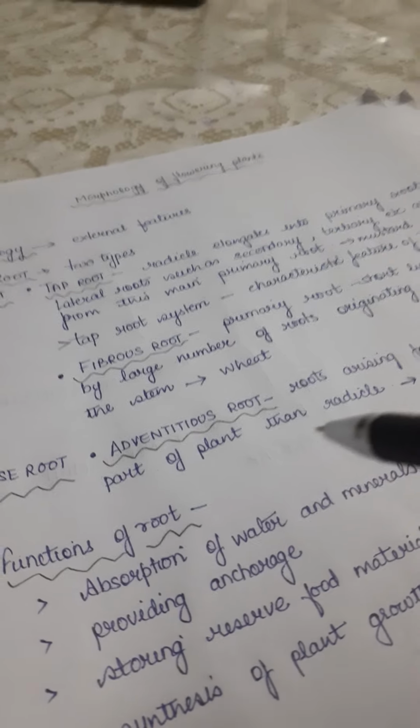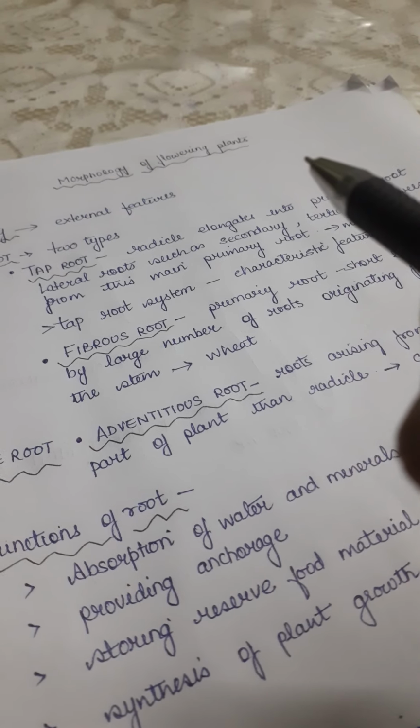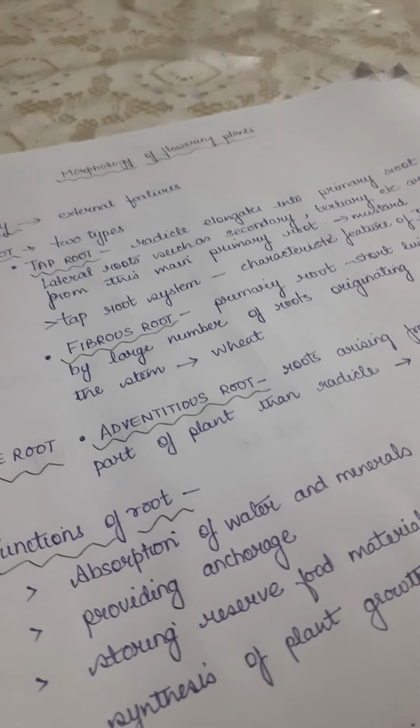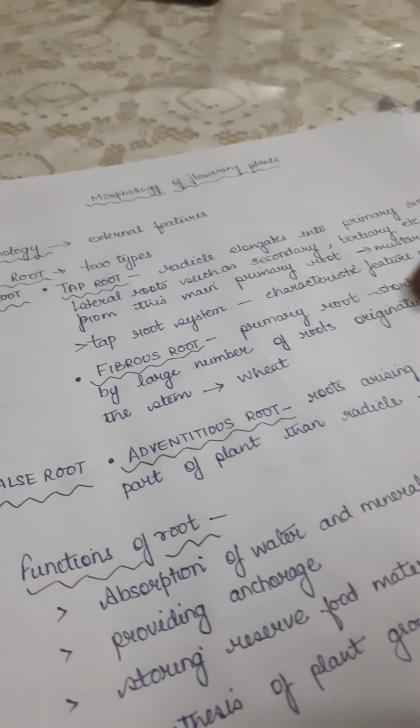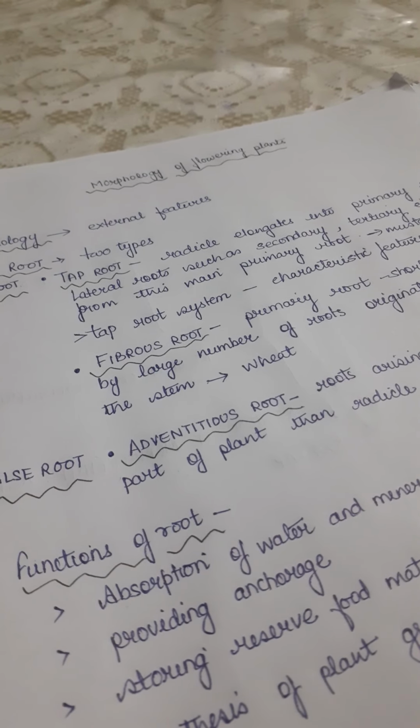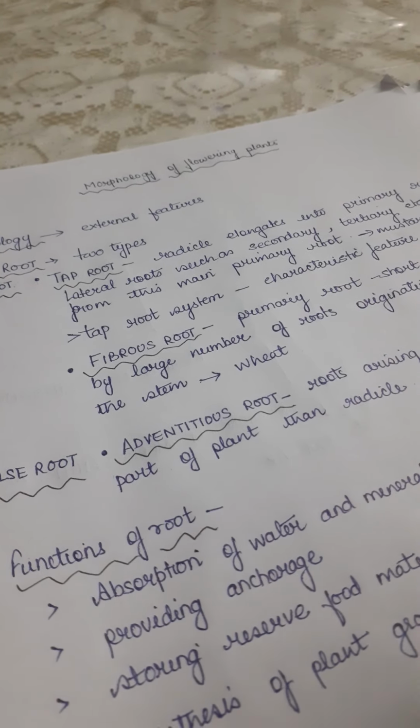I am sure you remember the structure of the embryo where you had the embryonic axis and you had a radicle and a plumule, and you were being taught that radicle gives rise to the root system and plumule to the shoot system.